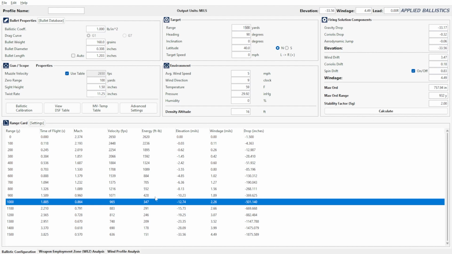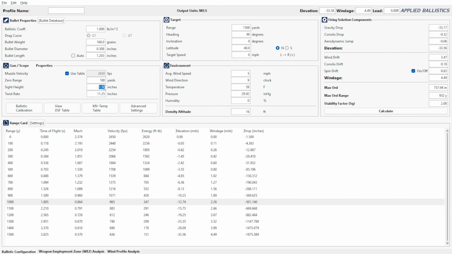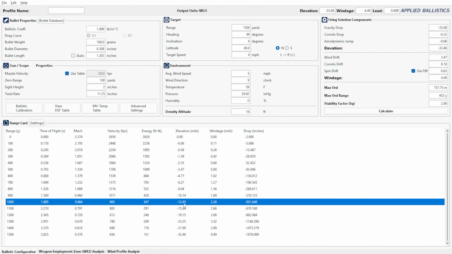We can see there at 1,000 yards, we've got 12.74 mils of elevation at 1.50 inches sight height. If we change that to 2 inches, so this is the sort of thing people are guessing, you can see we changed to 12.65. That might not seem like a huge deal, but if you're shooting at more extreme ranges, that will become more and more noticeable.